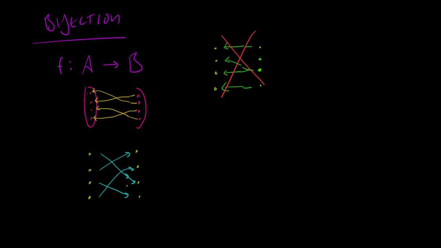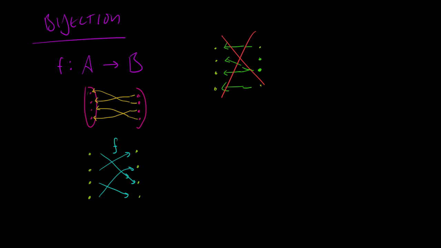And you can see that if I have a bijection, then I have 4 dots on the left, and 4 arrows in the middle, and 4 dots on the right. And every dot has 1 arrow associated with it. So if you have a bijection, then you have to have the same number of dots on the left as you have arrows as you have dots on the right.